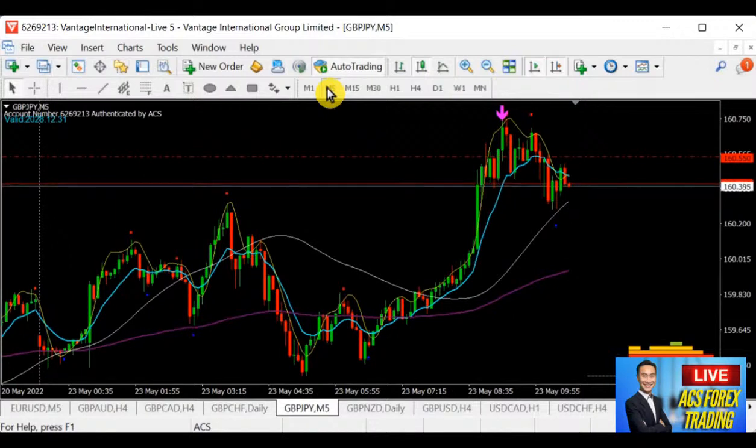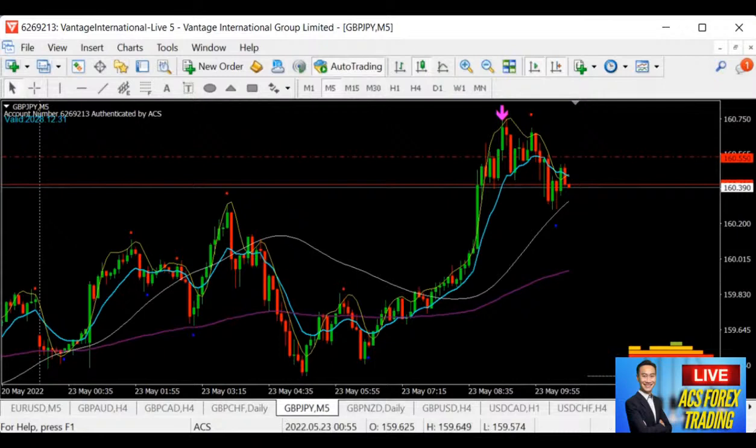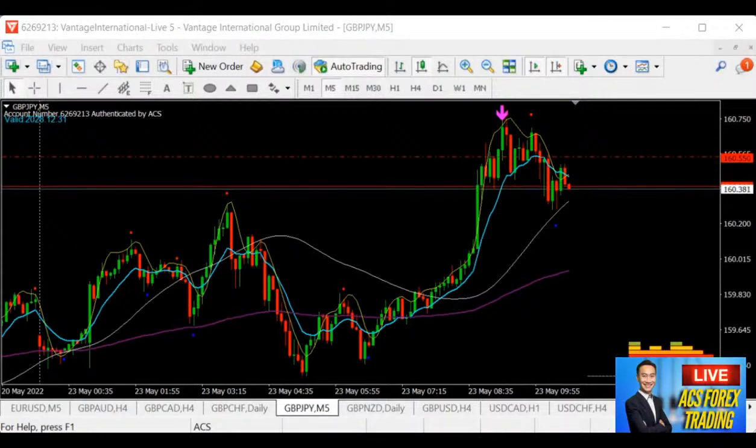So I would say that currently the space is very small. It's only about 7 pips of space, so not really that ideal yet. Tentatively, I'm going to stay aside, watch it, and make sure that everything is fine.